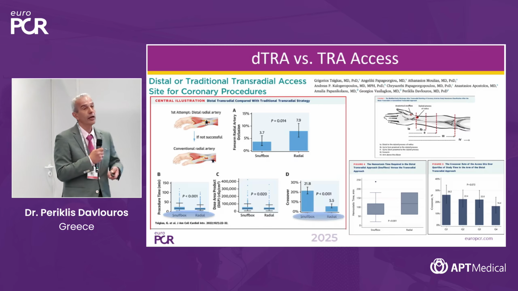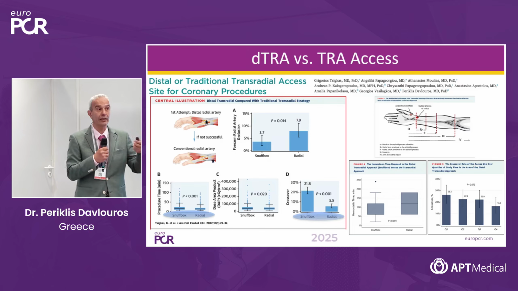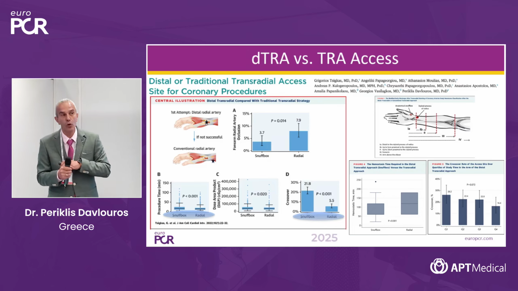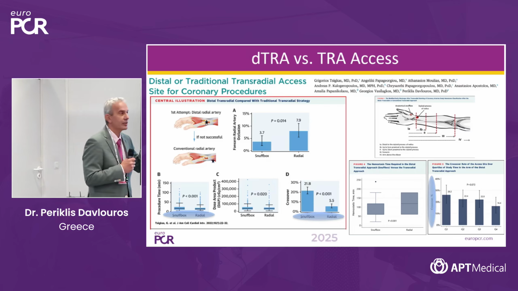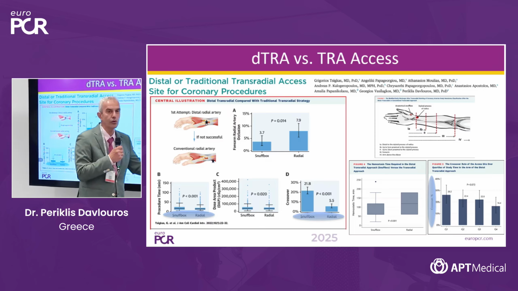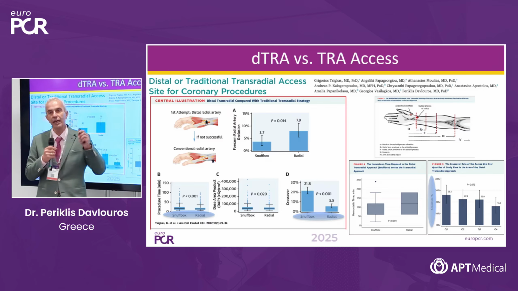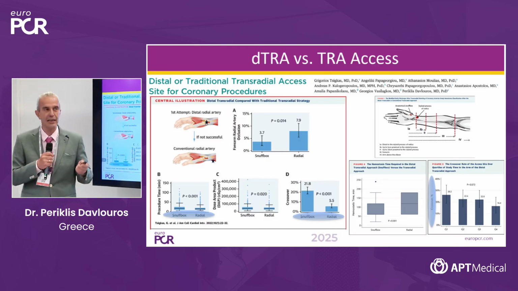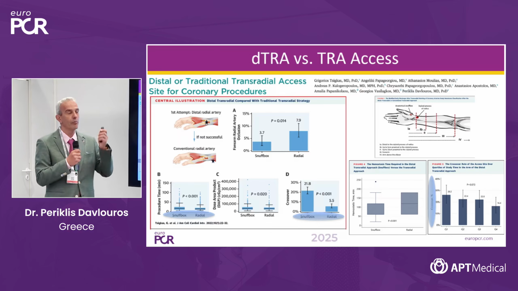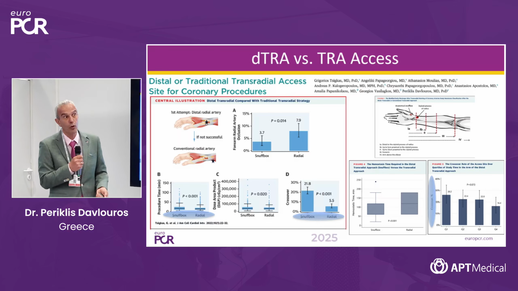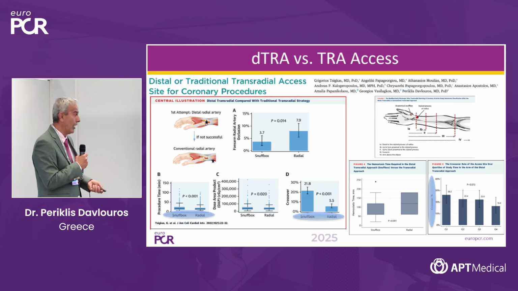On the other hand, the crossover rate is high, and it is high because it's a bit more difficult procedure. However, in the same center, as time passes and as operators acquire experience, the crossover rate gets less and less. So it's not a big deal. It's not very difficult, but you have to be dedicated to this technique so as to feel comfortable to carry it out.